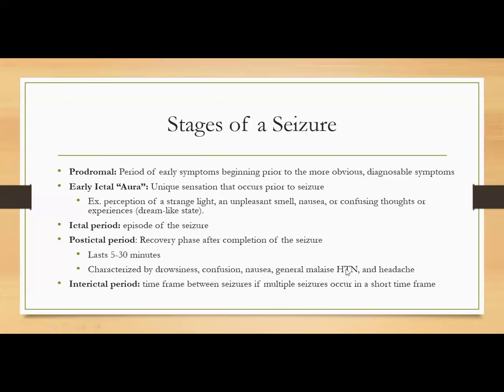If they're in the early ictal aura phase or the prodromal phase, then you're going to want to do things like assessing what causes their seizures, preparing, and watching their ABCs. And if they're in the post-ictal phase, that's just the recovery phase, so getting them back to where they're at and letting them know, hey, here's what went on, everything of that nature.